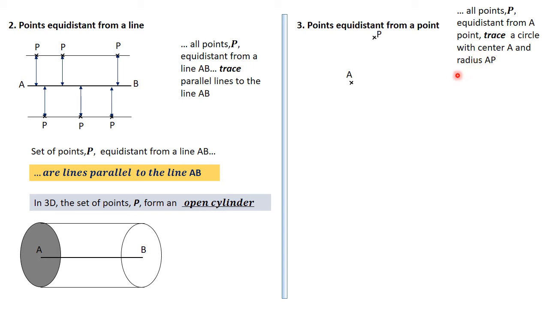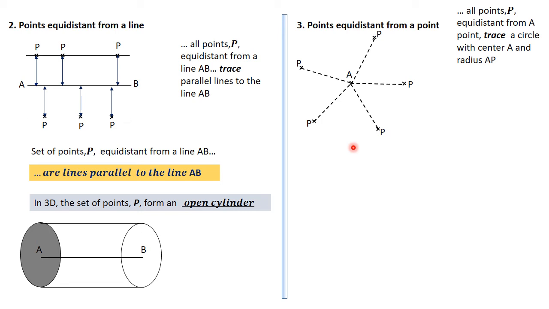Let me say that again in this particular way. Let's say we have the point A, we have a point P, another point P, another one, an infinite number of them. I have only 5 points here. The distance from A to P, whatever P we're talking about, is the same for all of them.